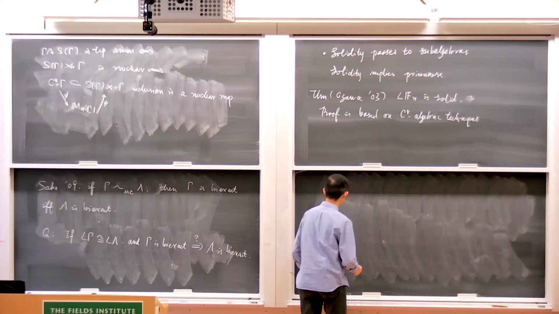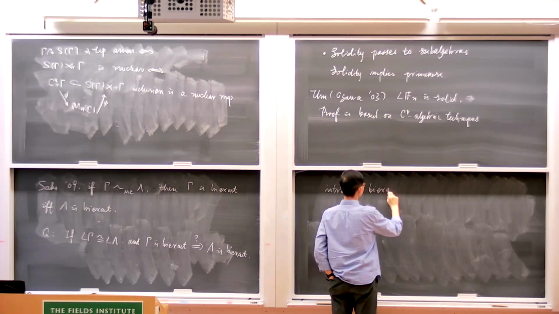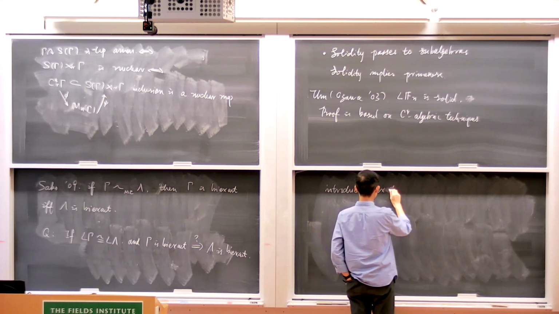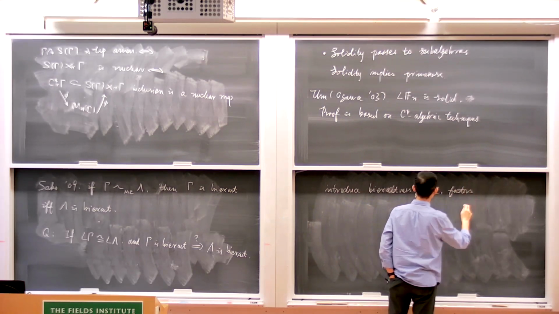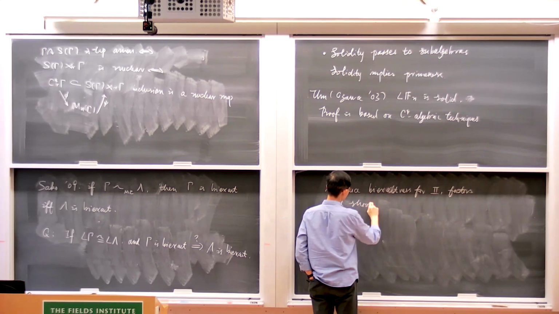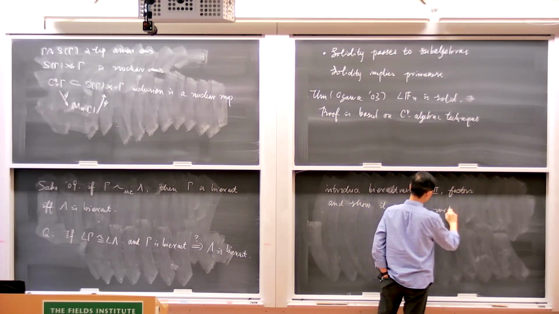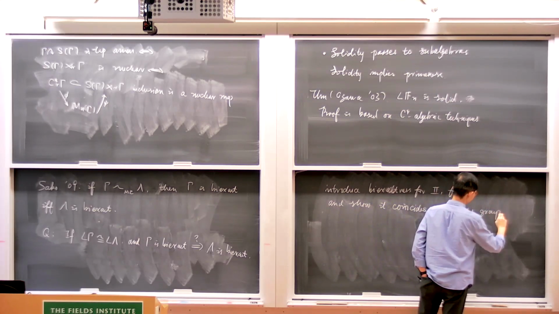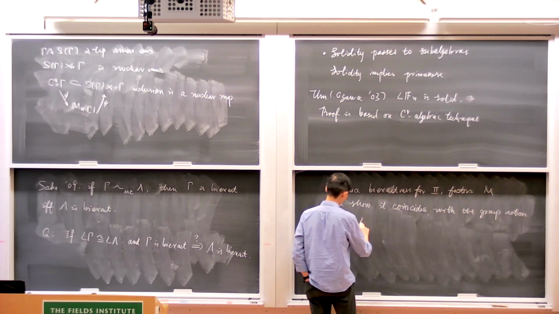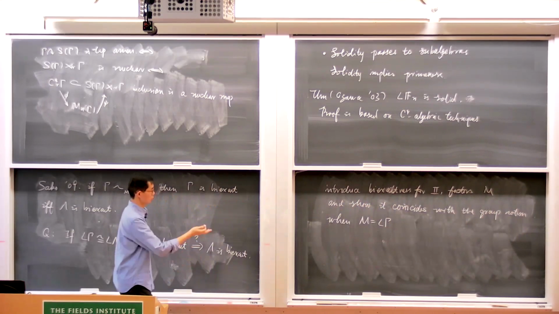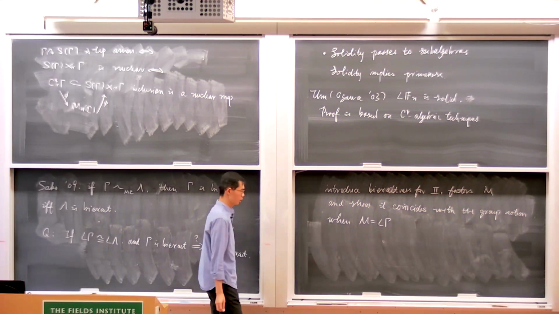So that's what we're going to do next: define bi-exactness for II_1 factors and show that it's exactly the same as the group notion when the II_1 factor is a group von Neumann algebra.